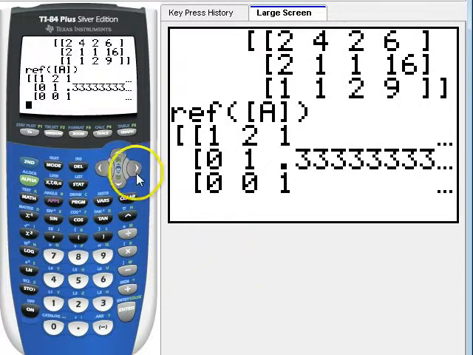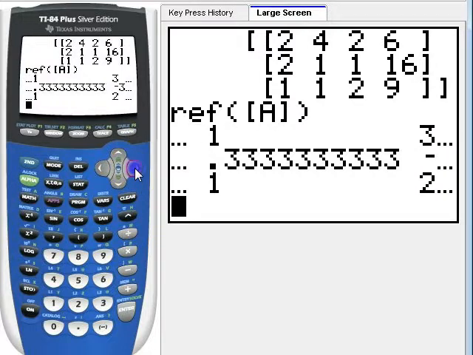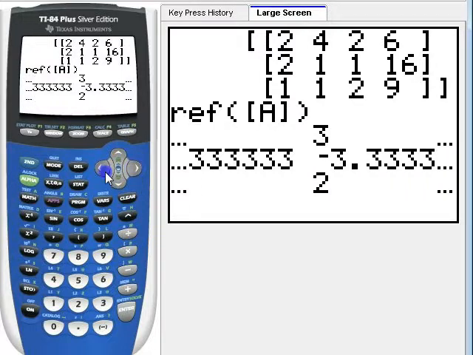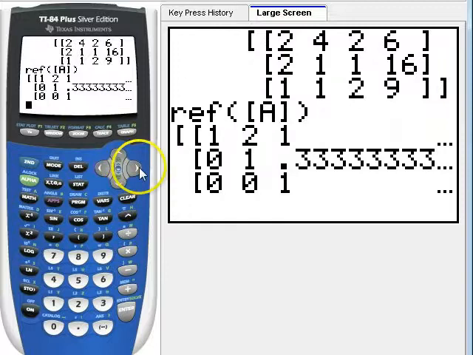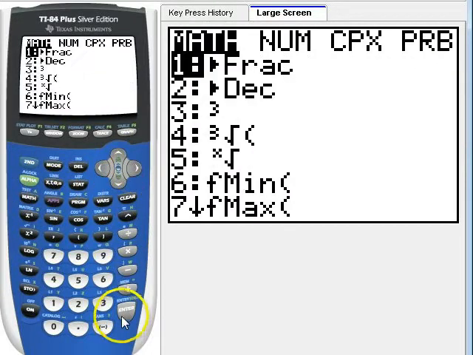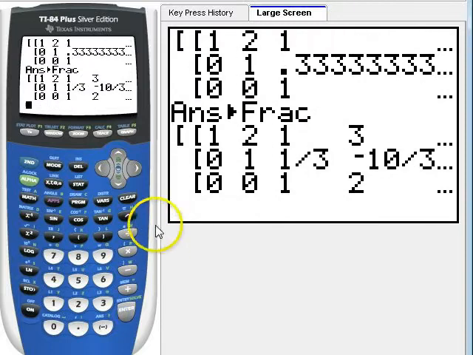We can't see the whole thing if I hit to the right, so 1, 2, 1, 3, 0, 1. This is 1/3. I think if I push math enter enter, it should turn everything into fractions. There you go. So 1, 2, 1, 3, 0, 1, 1/3, negative 10/3, 0, 0, 1, 2.